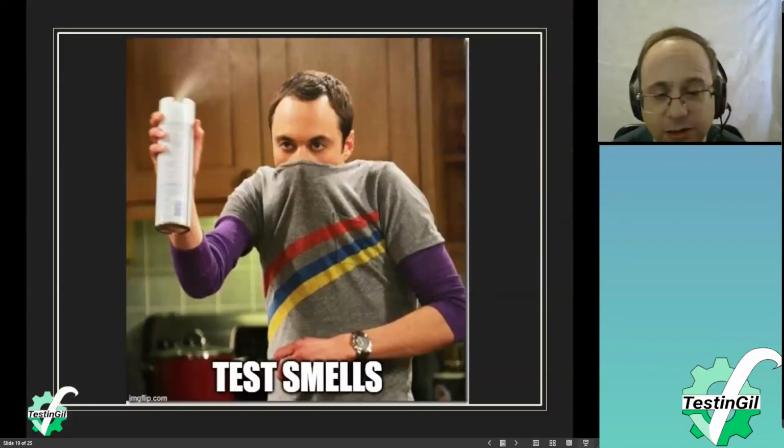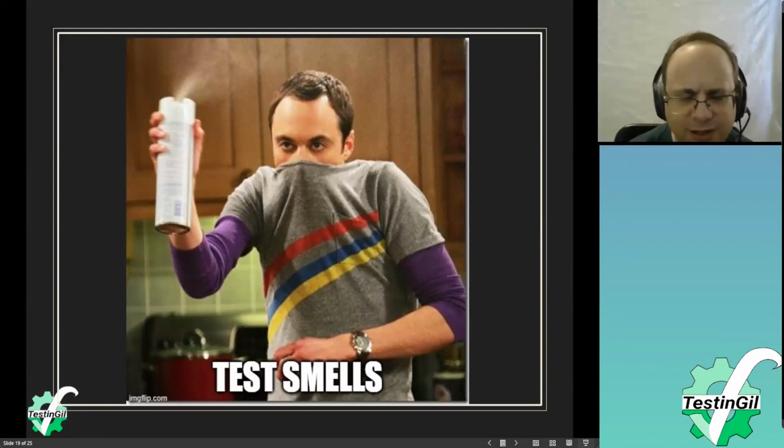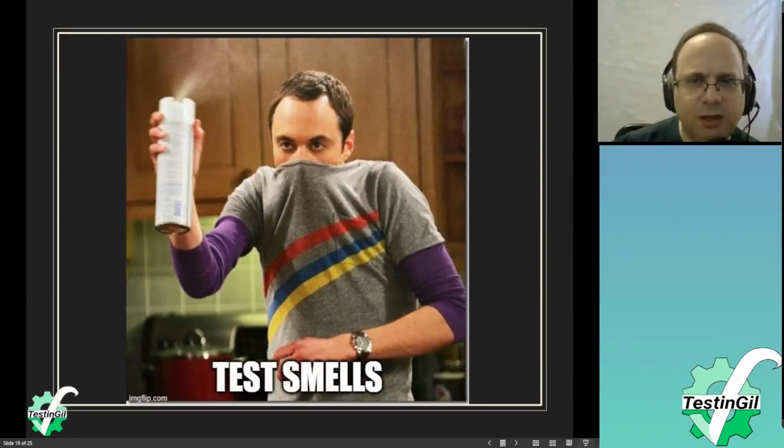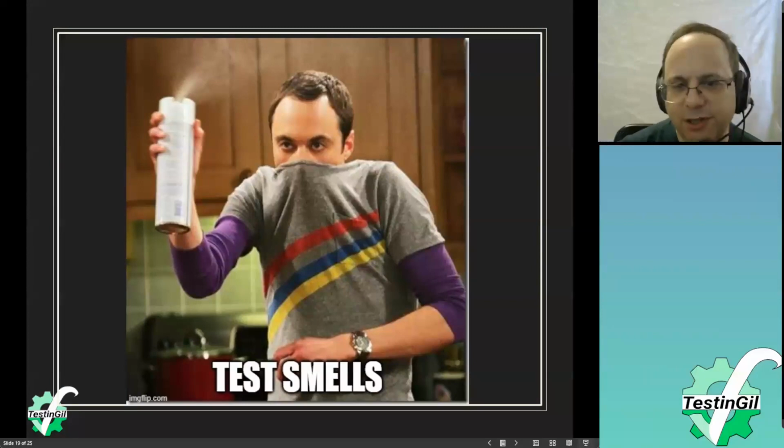There's such a thing called code smells, which are basically anti-patterns. The idea of a code smell is that there's a problem in the code, and it's not a functional problem, because the code actually does what it needs to do, but it will cost us in terms of maintainability.